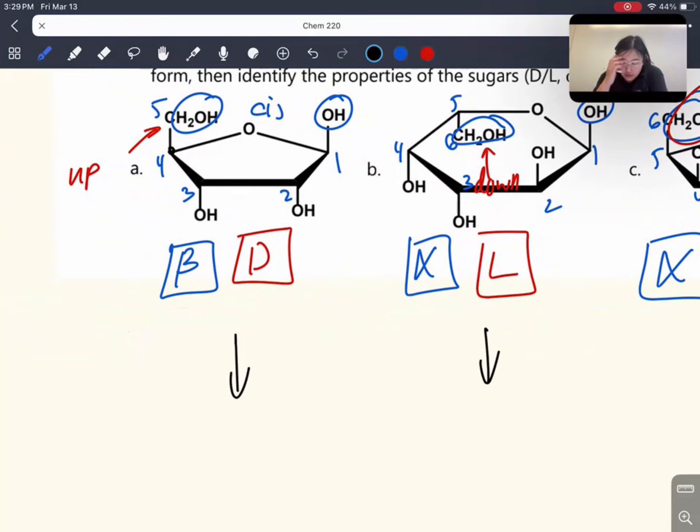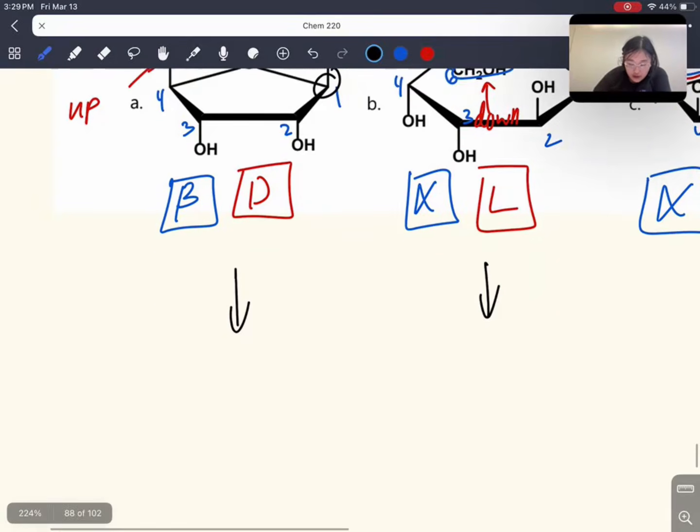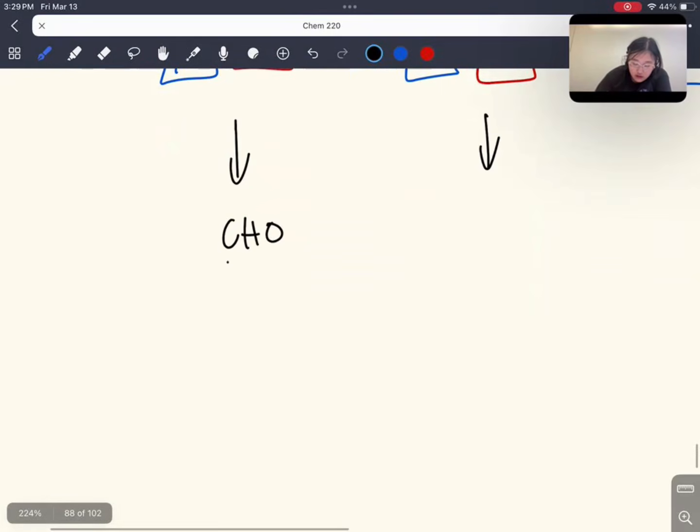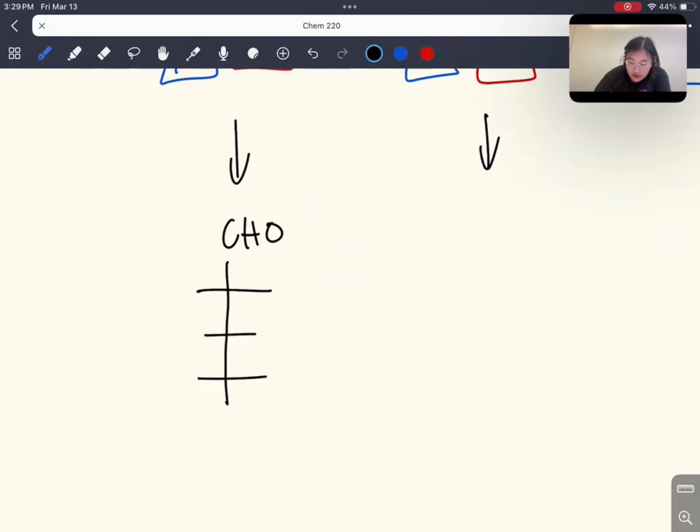Look at your anomeric carbon. In this case, your carbon is just bonded to an OH instead of another CH2OH group, and so you have an aldose. And so we're going to draw 5 carbons with an aldehyde at the end. So CHO, and then that's carbon 1, 2, 3, 4, and then 5 would be our CH2OH.